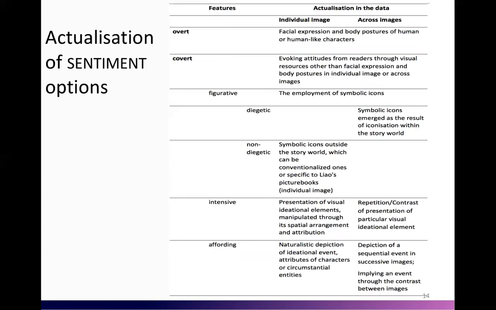The meaning-making potential of sentiment, overt and covert, is the generalized visual meaning-making strategies situated at the pole of system, and the particular configuration of visual elements within an image or across images is the instantiation or actualization in particular instances of text, namely the two picture book stories involved in this study. Therefore, as you can see, this study is exploratory in nature.